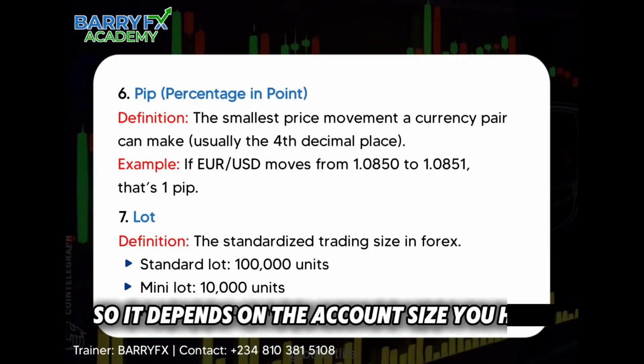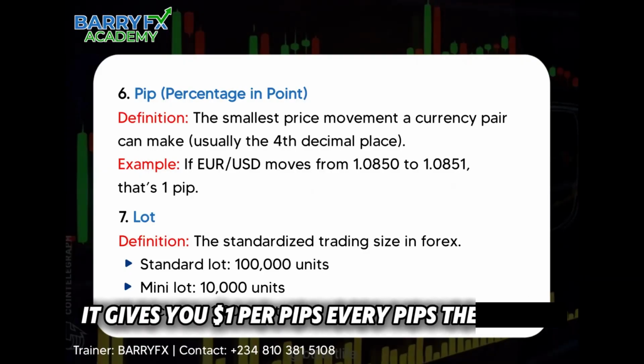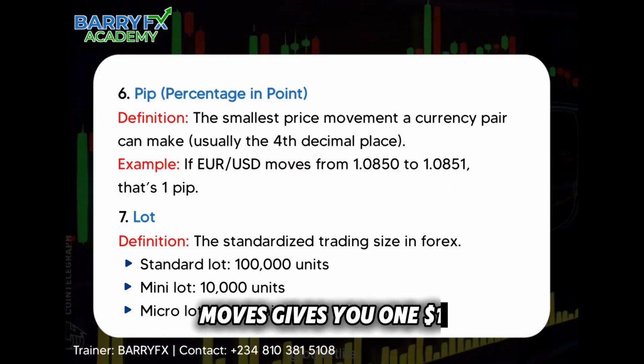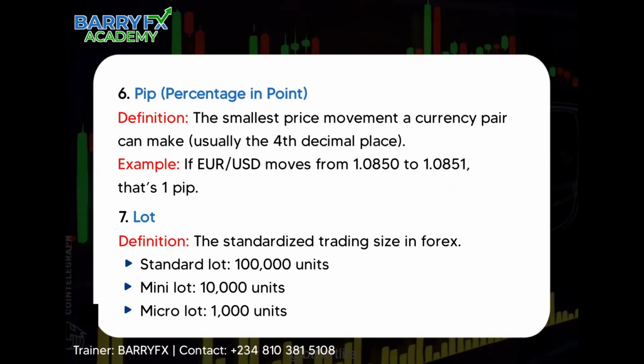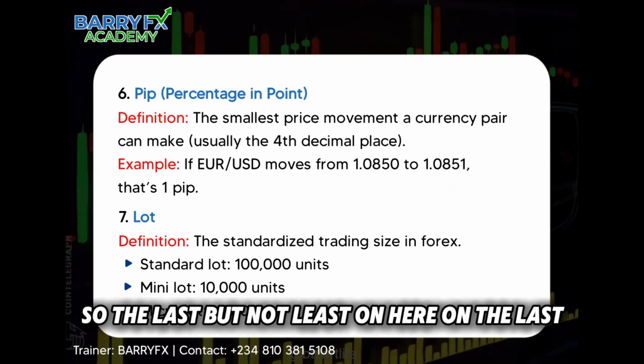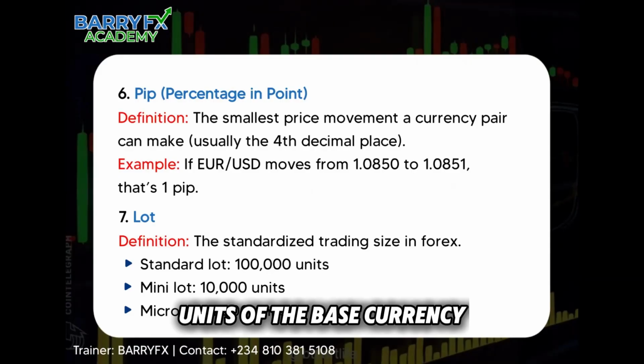So it depends on the account size you have. This mini lot gives you $1 per pip. Every pip the market moves gives you $1. So last but not least, on the lot size, we have the micro lot, which is about 1,000 units of the base currency.